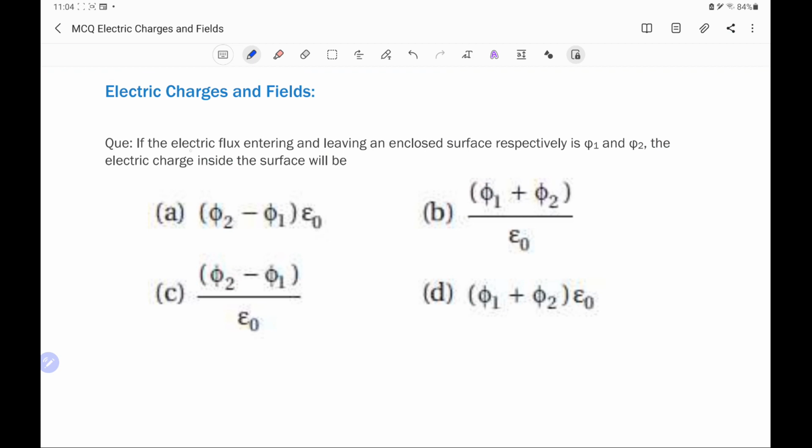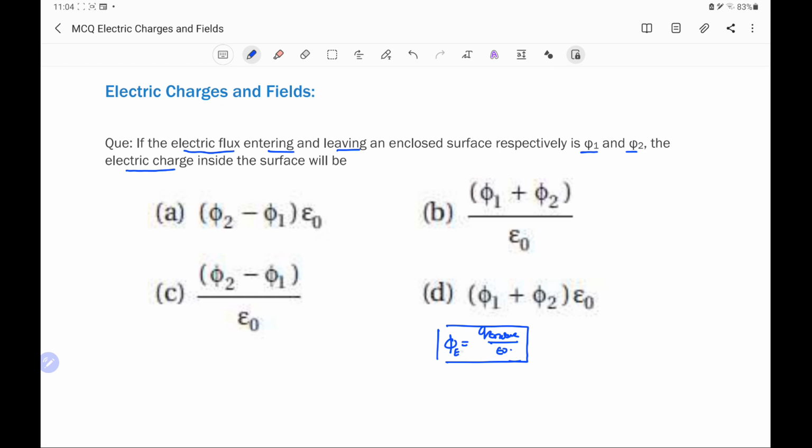Question is, if the electric flux entering and leaving a closed surface are phi 1 and phi 2 respectively, the electric charge inside the surface will be. From Gauss law, we know that flux through a Gaussian surface will be equal to the charge enclosed divided by epsilon naught. This is the Gauss law.